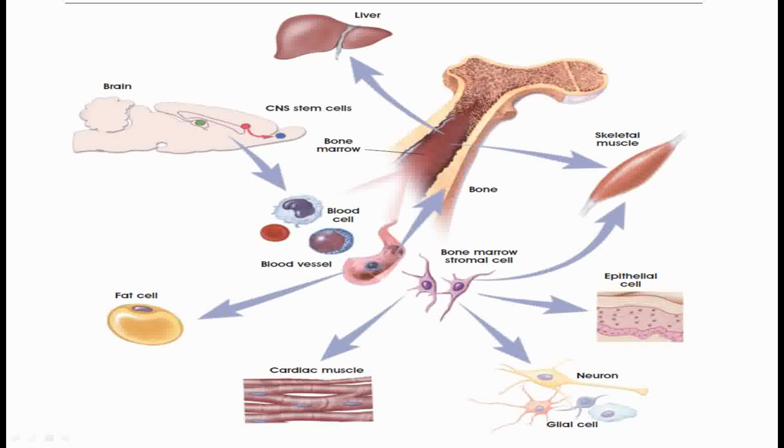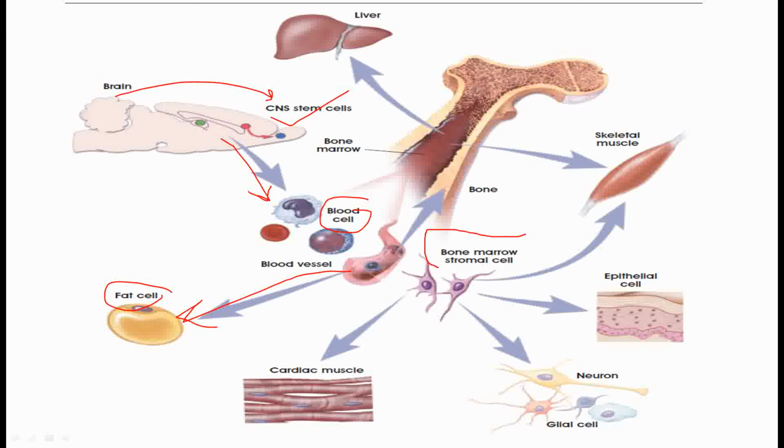This CNS stem cell arises from the brain and gives rise to blood cells. Further, these blood cells also give rise to fat cells.